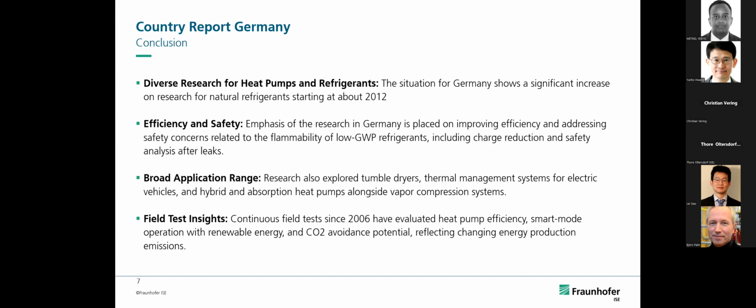So you will also find in our final report, which I have not presented today, but you can find it at diverse other references, the field test analysis. In this, you will find all the carbon dioxide avoidance potentials, reflecting changes in the energy production emissions, just based on deployed heat pumps.